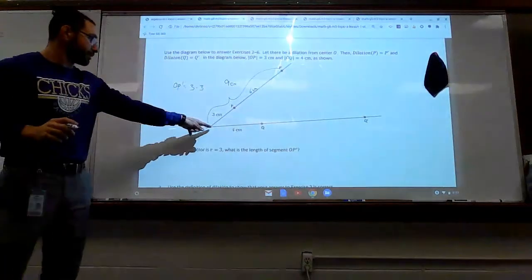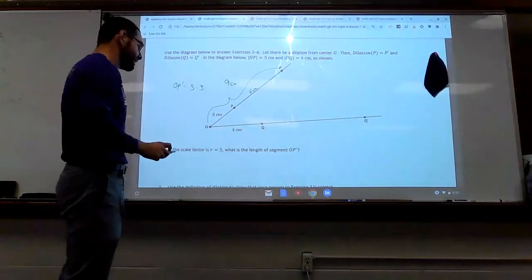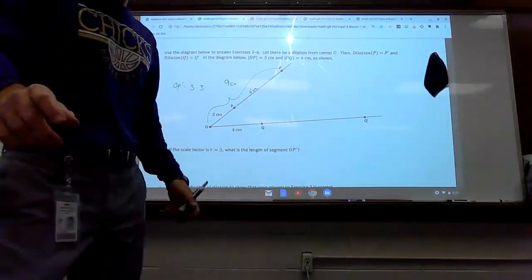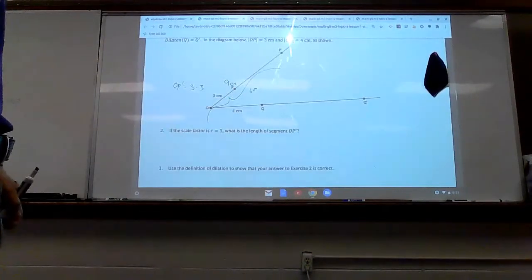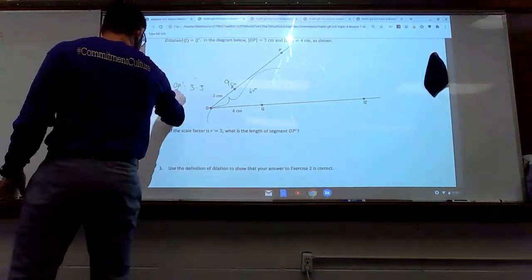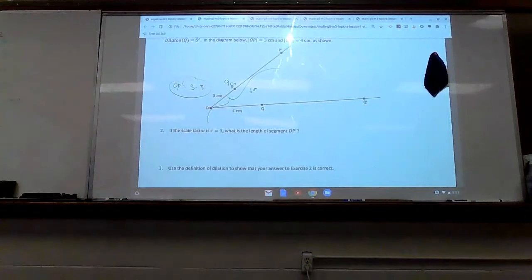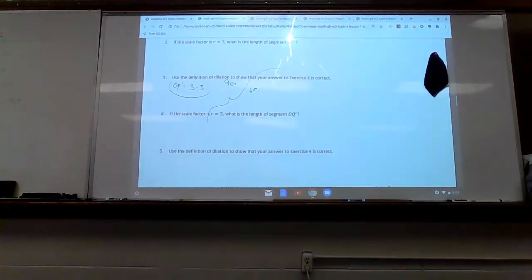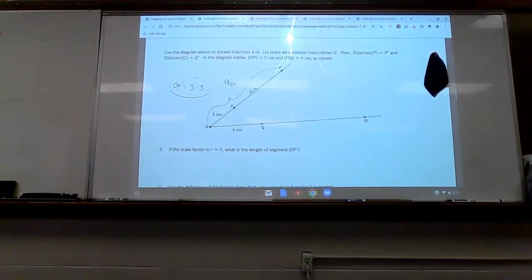Could I do the same thing with this one? Sure, if the scale factor is 4, but let's see what other questions we have because maybe I'm jumping ahead. Use the definition of dilation. I would use this right here. Scale factor is 3, so still staying as 3.